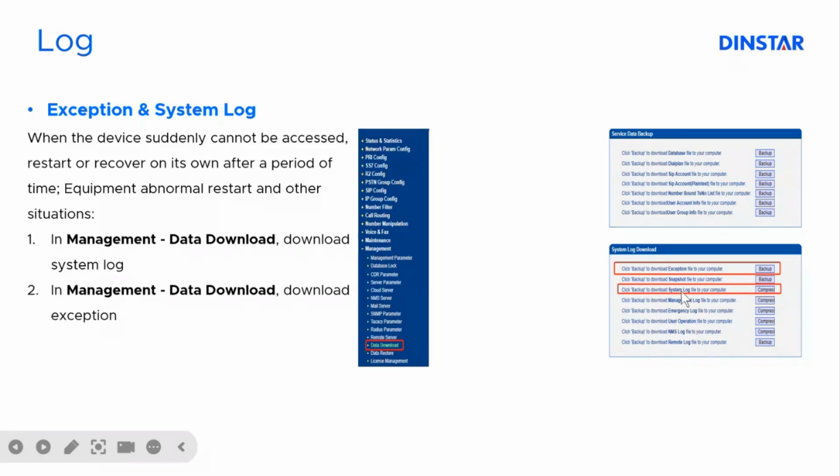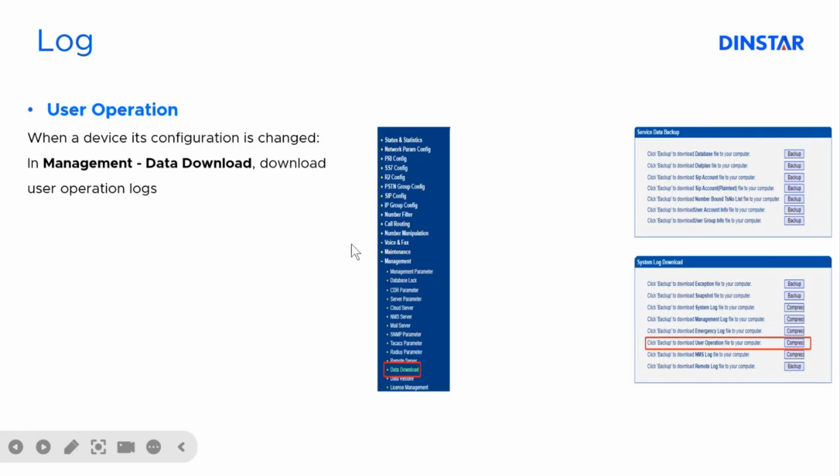Actually, it's the same way as the signal log, right? We need to download the system log and exception log. And next, we need to check the user operation log.